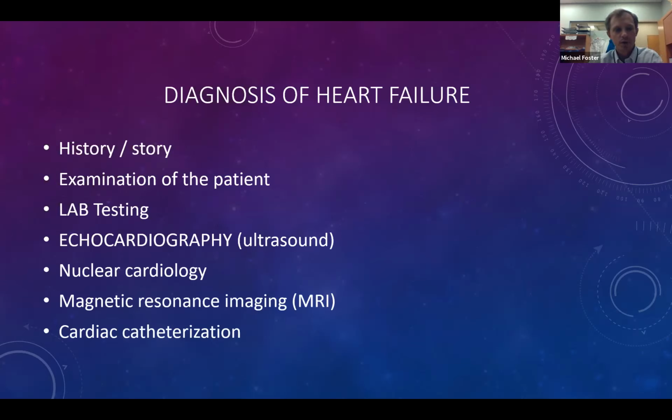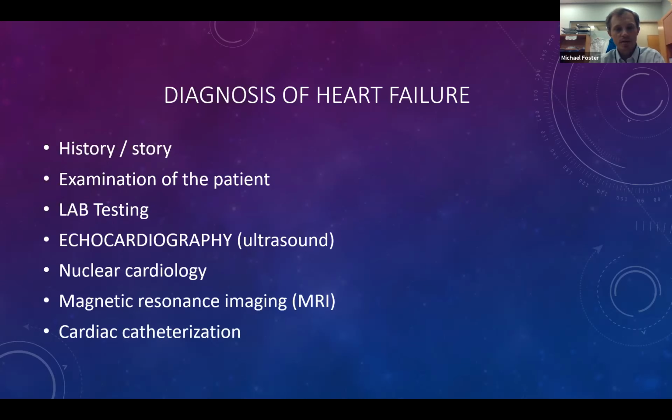Nuclear cardiology is the use of radioactive tracers that are injected into the body and pictures that can show function as well as blood flow in the heart area. Magnetic resonance imaging is another modality that does not involve radiation and is safe.